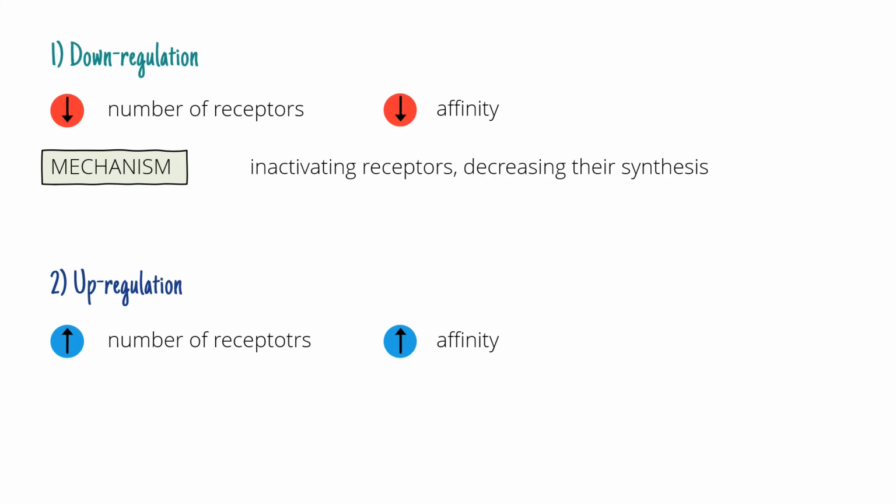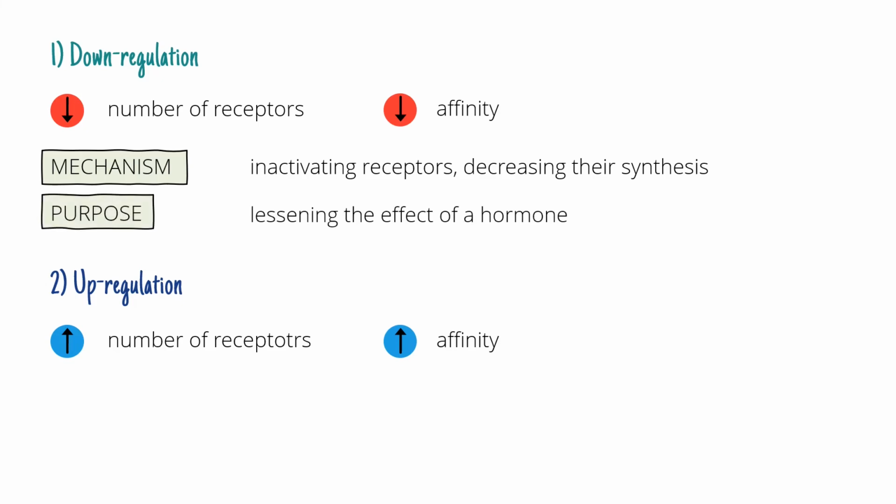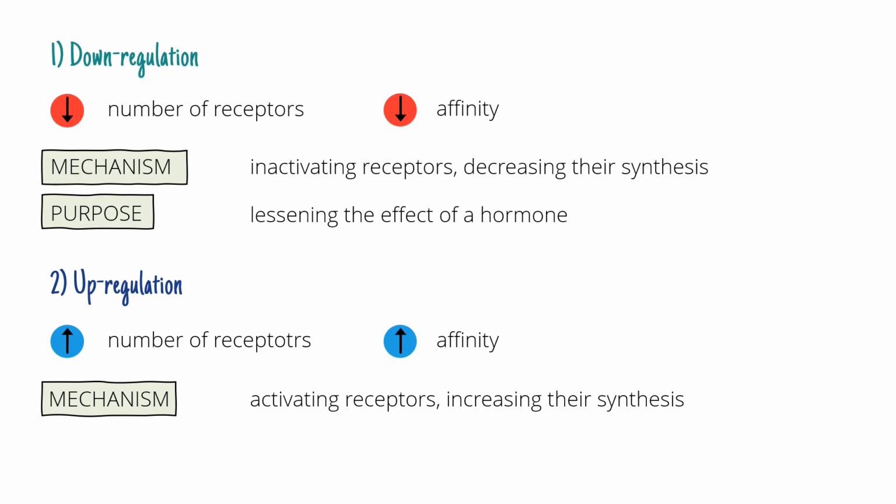This mechanism is used, for example, when you have a very high level of a certain hormone and you need to lessen its effect. Then you lower the number of its receptors, and by doing so, it loses some of its effect. Upregulation, on the other hand, happens by doing the exact opposite, synthesizing more and more receptors or activating them.